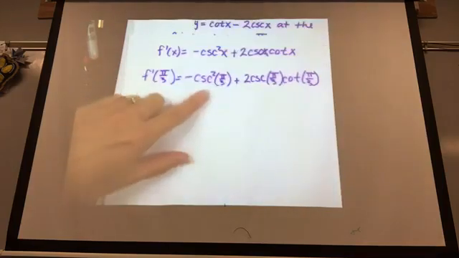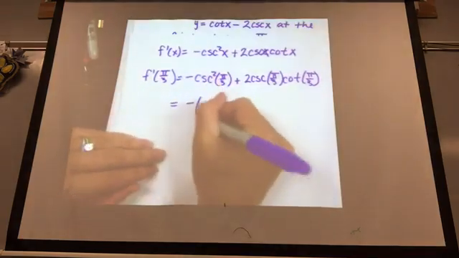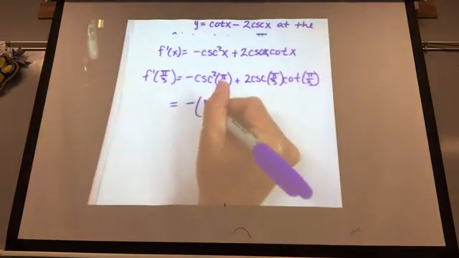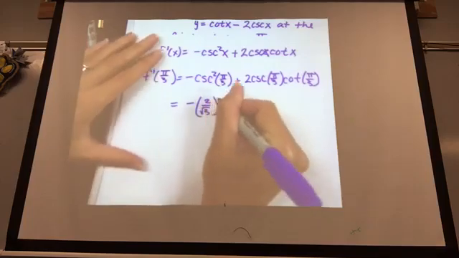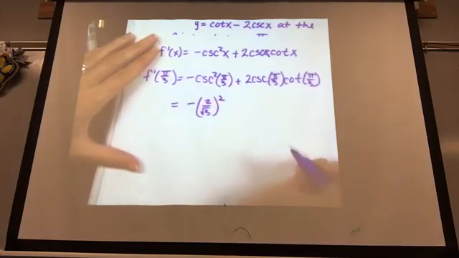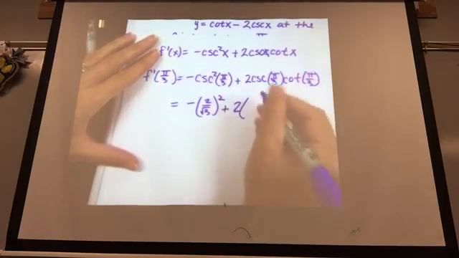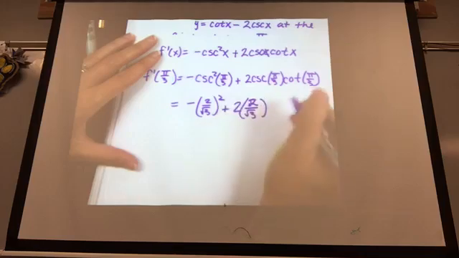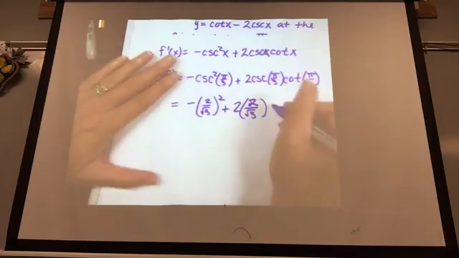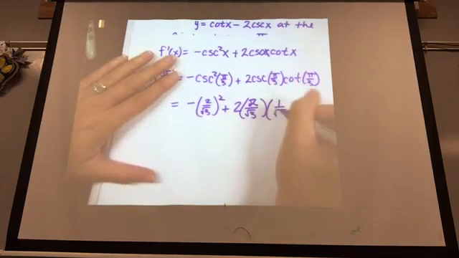So right here I'm going to plug it in, it's negative, and I square it, since this function is squared. And then plus 2 times cosecant of pi over 3 again, so 2 over the square root of 3, and then cotangent of pi over 3 was 1 over the square root of 3.